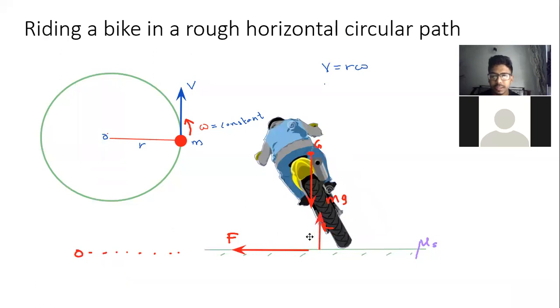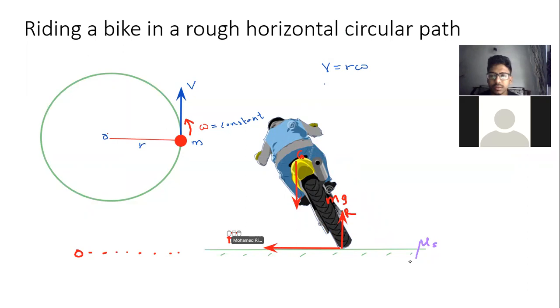And the normal reaction force from here, and the center of gravity here, and the friction from here.